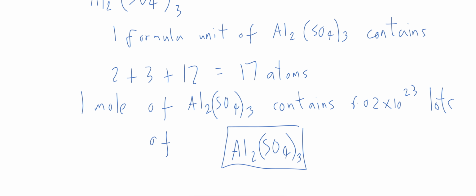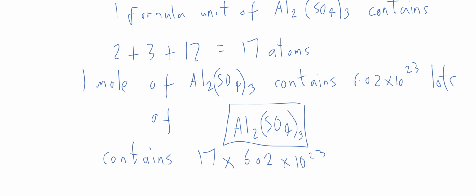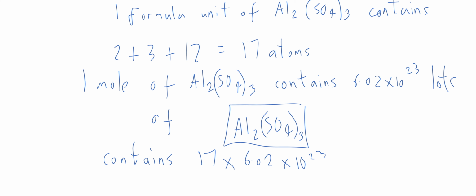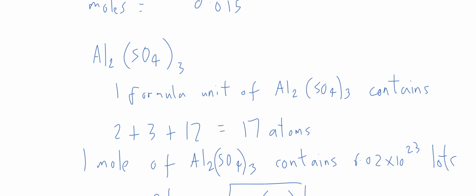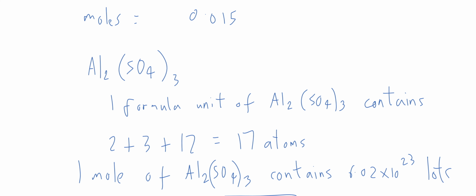But in terms of atoms, it contains 17 multiplied by 6.02 times 10 to the 23. So that's how many atoms you would have in 1 mole of aluminium sulfate. But in this case, we have 0.015 moles.